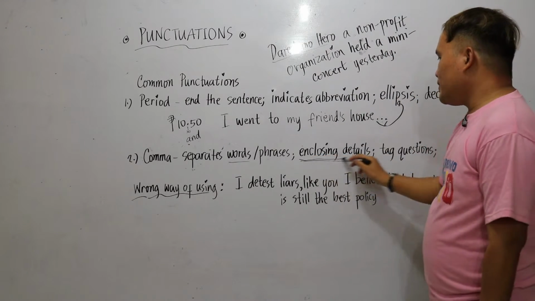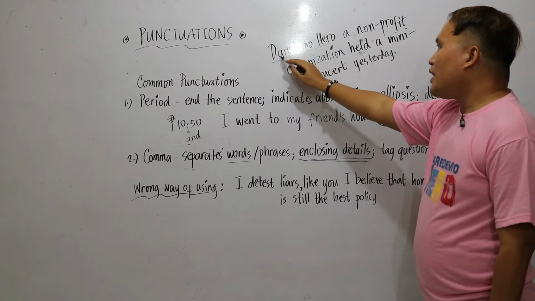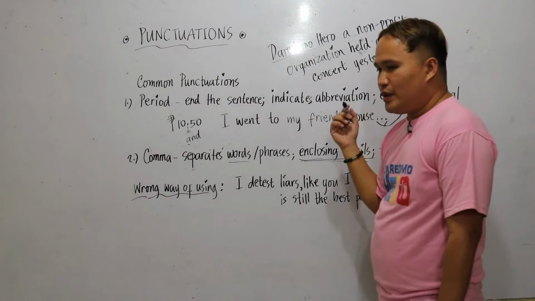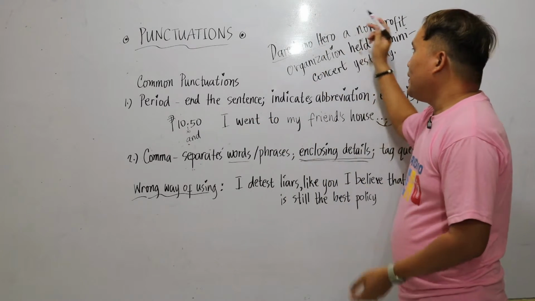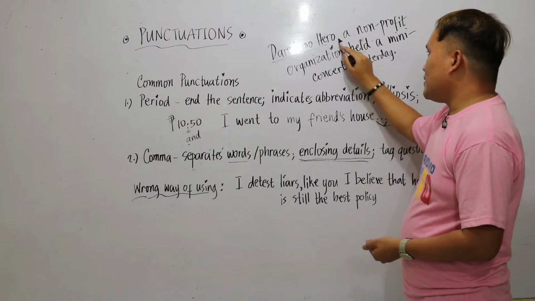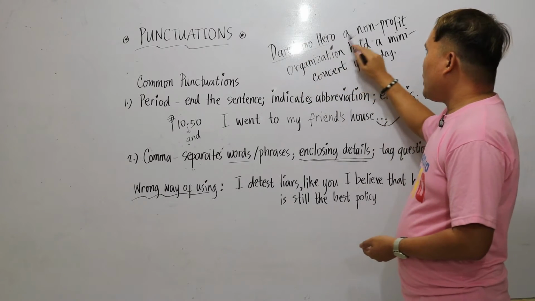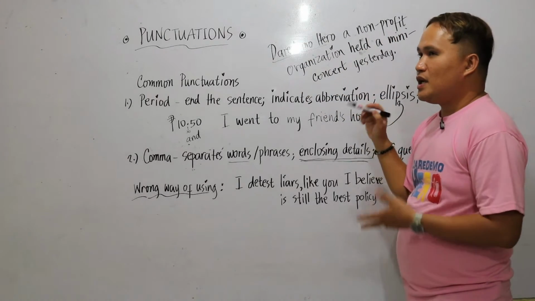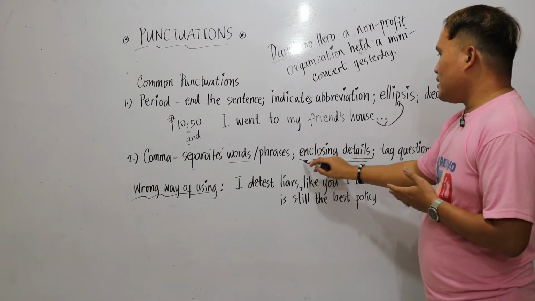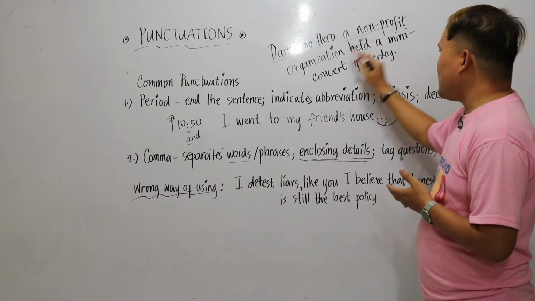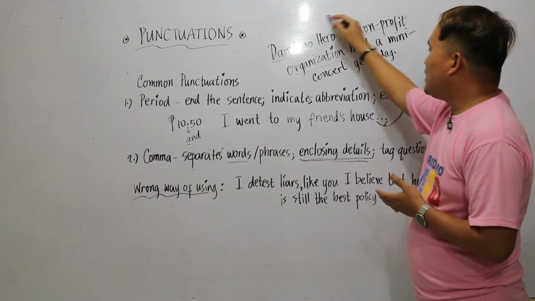Now, talking about enclosing details, you are trying to talk about Dare Demo Hero, which is our subject here. So, with this, because when you say Dare Demo Hero, a non-profit organization, it's a noun phrase already. But this one here is an enclosing detail already, okay, of Dare Demo Hero.